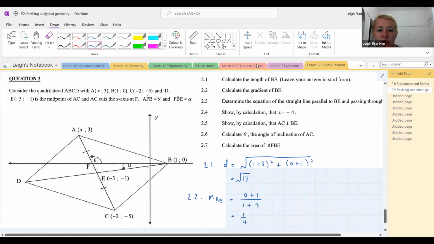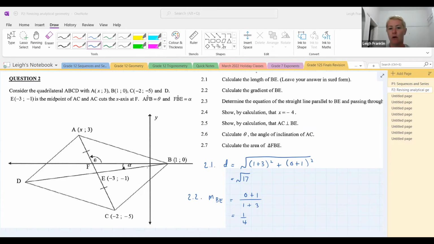I'm also getting 1/4 as my answer. Okay, so these sorts of questions, Matrix, we really should be able to whip through so quickly now. So accuracy, accuracy, there we go, lovely. Okay, you're getting the same answers as us. Great.